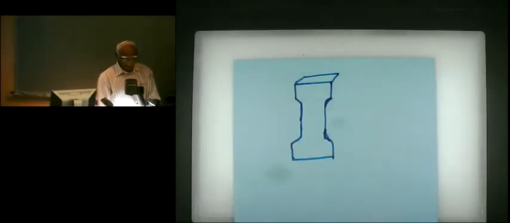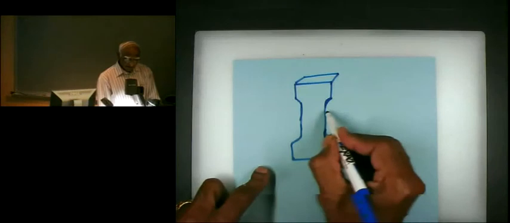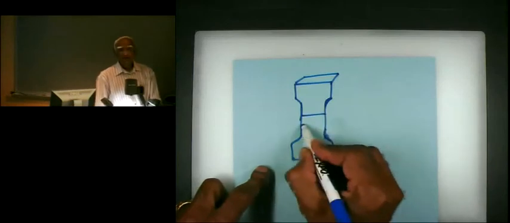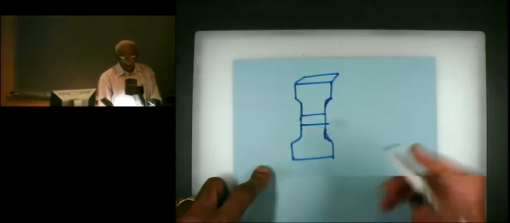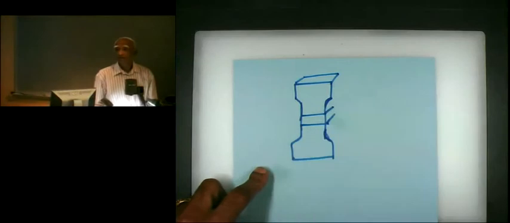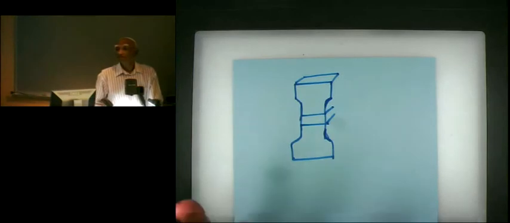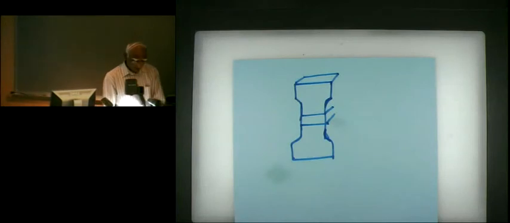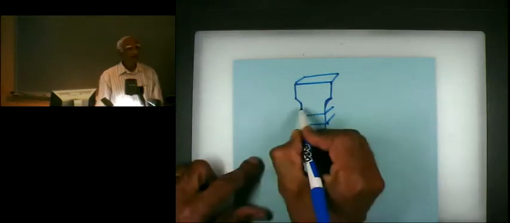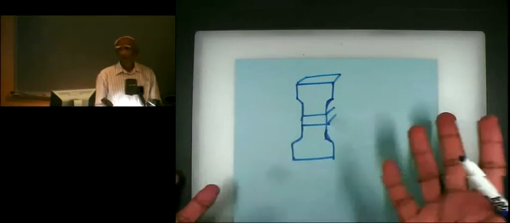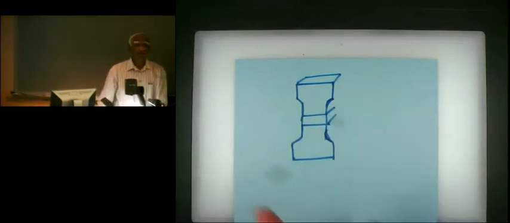Then you measure the width and you measure the thickness. But when are you measuring those? You are measuring those before you apply any load to it. That's in the reference configuration. And then you put either a strain gauge or an extensometer on it, depending upon how sophisticated you wish to be.